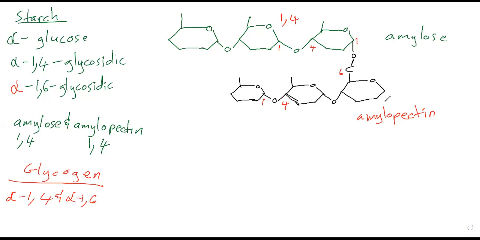Glycogen is made up of glucose units, but in the same manner: you see the 1,4 up here, 1,4 below, and connected by 1,6. It's just that we don't call a portion of it amylose and the next portion amylopectin. It's just glycogen made up of glucose units. If you're asked to draw a portion of it, you do it like this. So it's similar in structure and bond to starch.